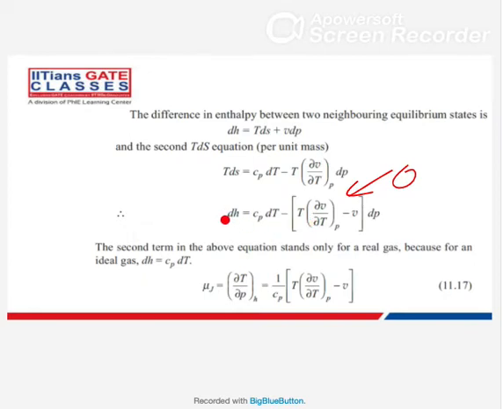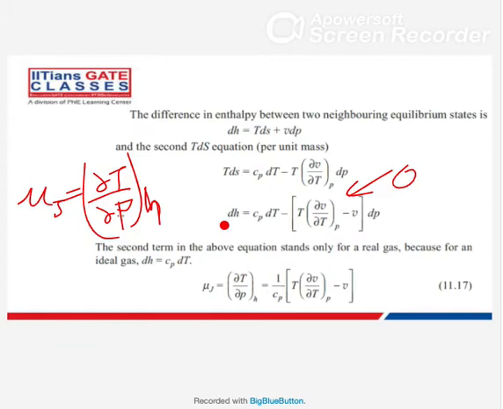Now if you see, we have enthalpy as constant. What we want to calculate is mu_J, which is nothing but ∂T/∂P at constant enthalpy. So what you will have to do is put enthalpy constant, that means dH equals 0. If you put dH equals 0, what you will get is ∂T/∂P at constant enthalpy, and then the remaining term.